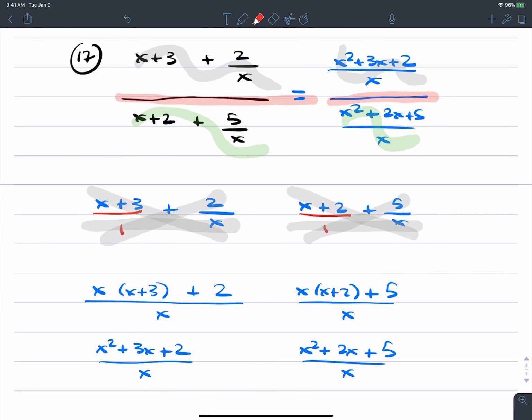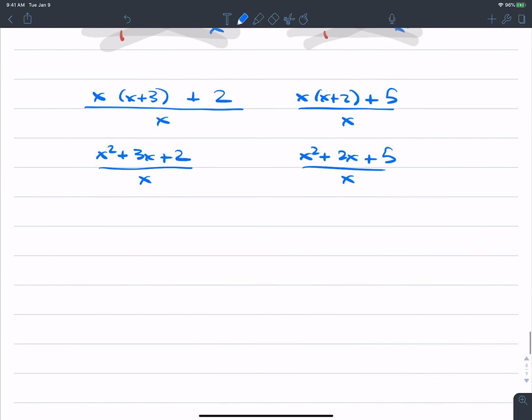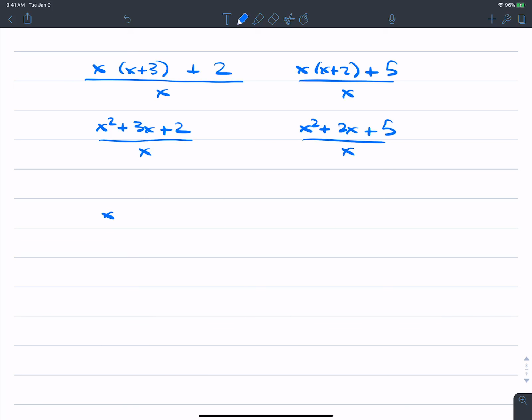So we're going to do that kind of division here. We're going to write this question again now. This is vertical definition of division. We've got to write it horizontally. Here's horizontal. x squared plus 3x plus 2 over x divided by x squared plus 2x plus 5 over x.